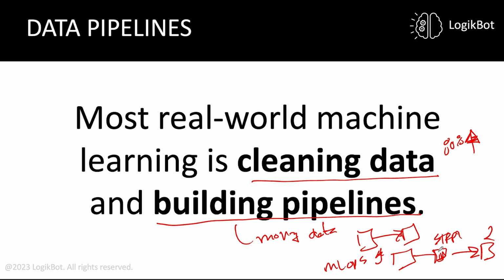Maybe here they're removing columns or attributes. Maybe here they're doing mean value imputation. And they're doing this so this creates a repeatable process for everyone in the team to do. So ML Ops is really mostly this. Working with data to create data pipelines so the entire team can have clean data.